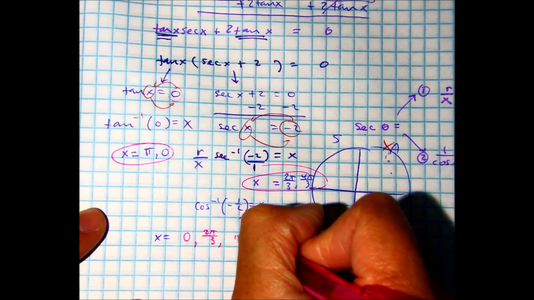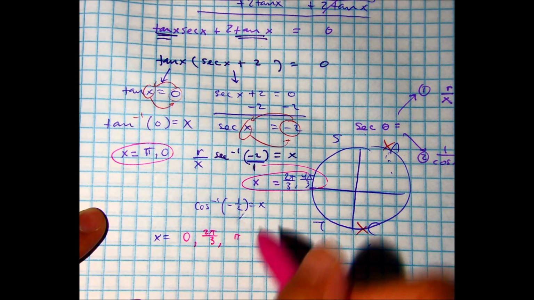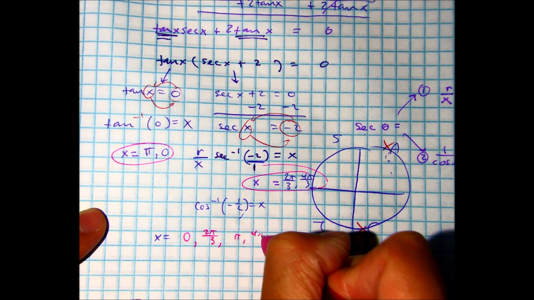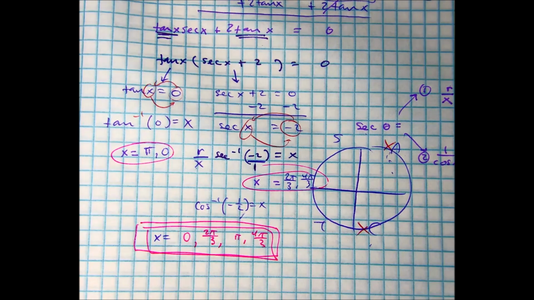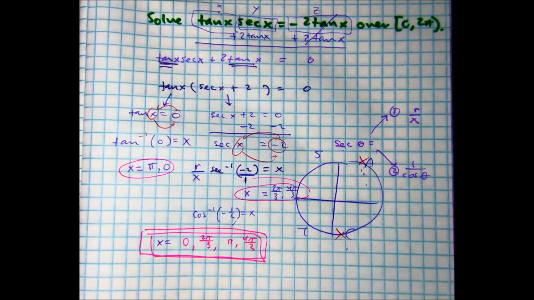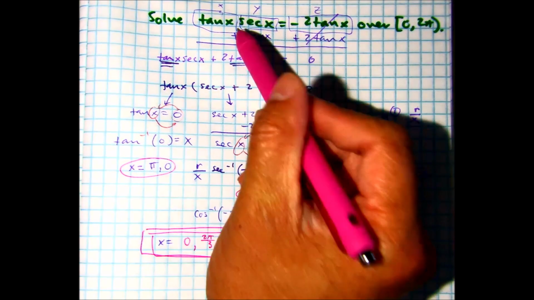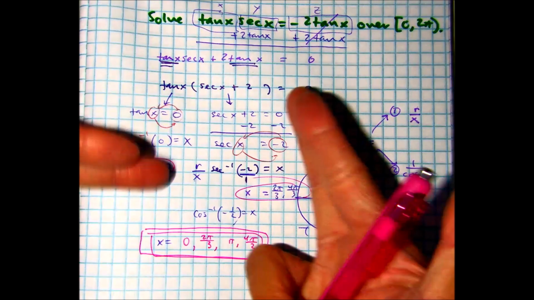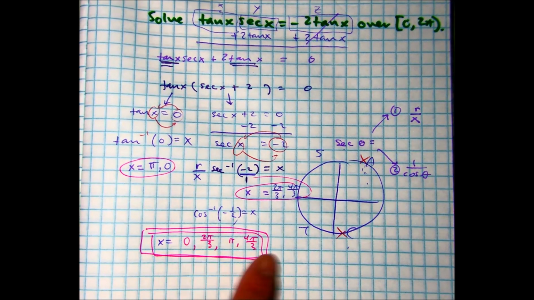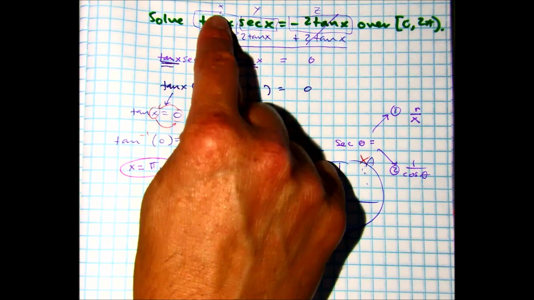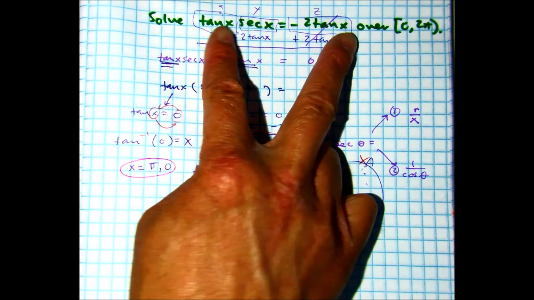Pi, because that's like 3 pi over 3, and 4 pi over 3. In this problem, we have 4 solutions. We just had to get everything on one side, take a GCF, set it equal to 0, use our unit circle, and those are our 4 solutions. What does that basically mean? You could take any of these, substitute in for x, and evaluate it. In this case, they'll be equal to each other.